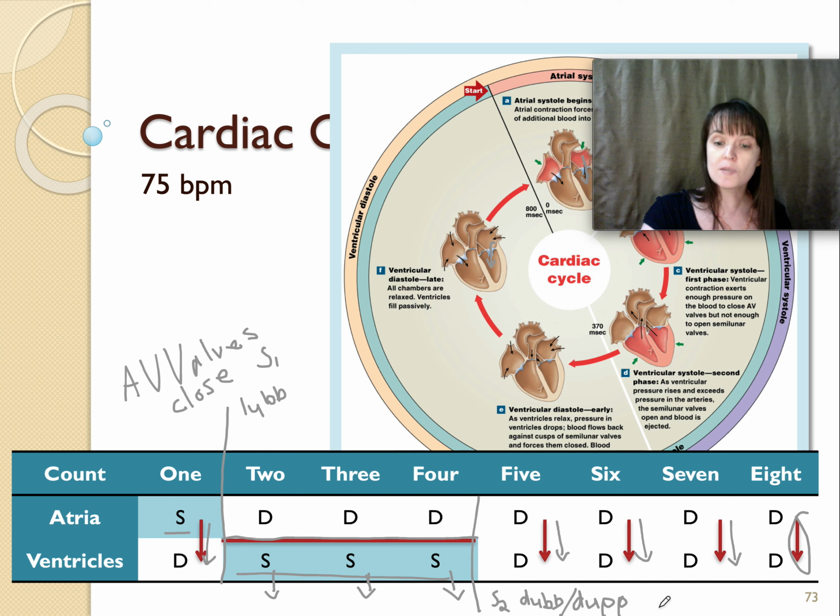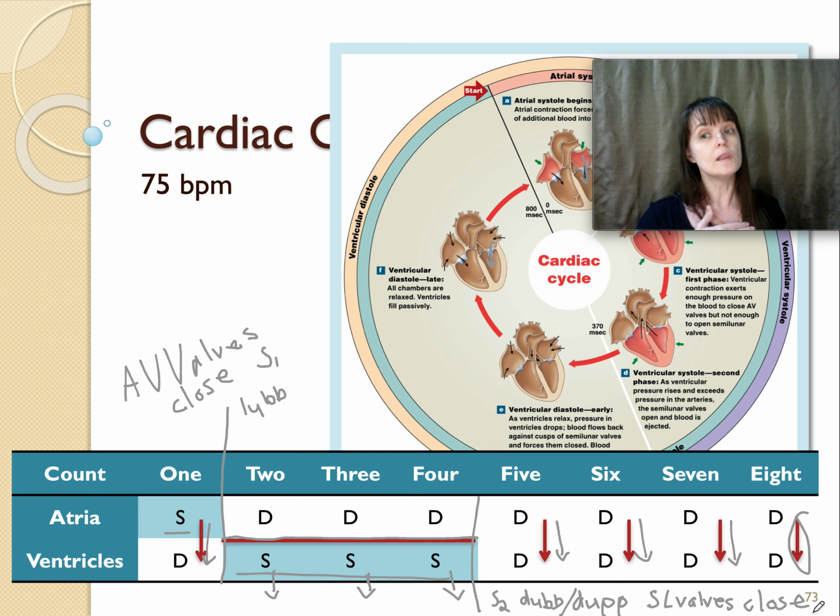Oh, and this is when the semilunar valves close. So the heart sounds, lub dub, lub dub, are the sounds of the valves snapping shut. Lub for AV valves, dub for semilunar valves.